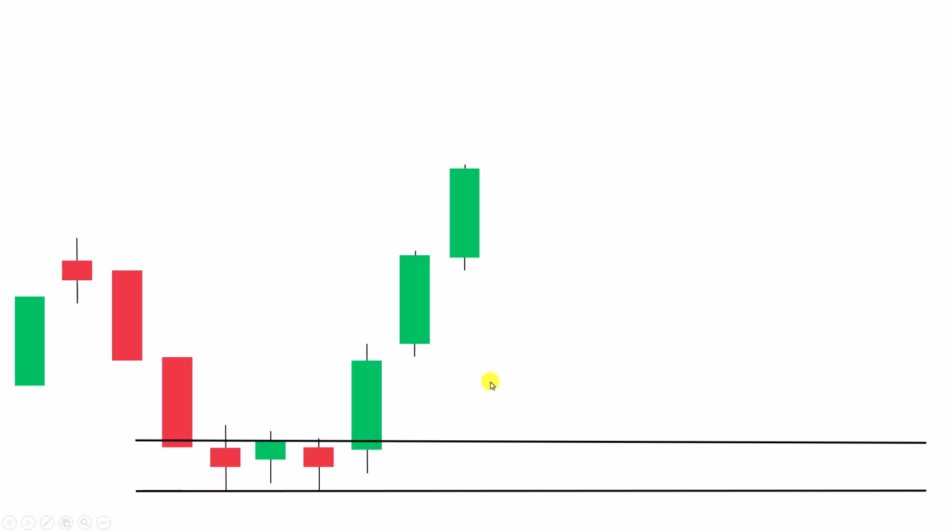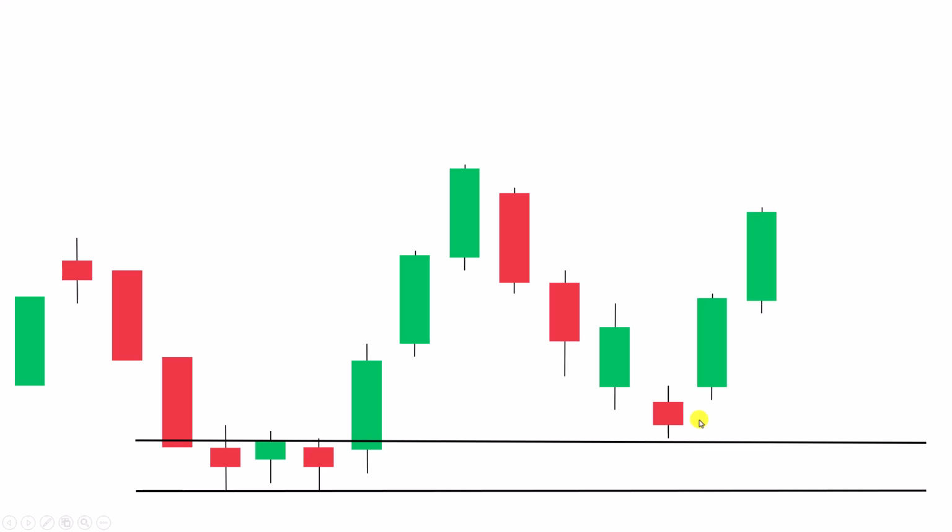Now if the price comes back to this level, we will take an entry here, hoping that the price will go up. How many times did the price come to this level? 2 times. This was the first time and this is the second time. So now if we take an entry, the chances of the price moving in our direction is more.